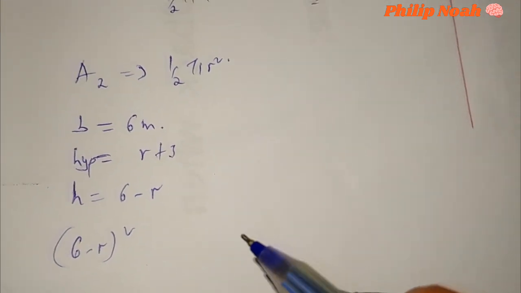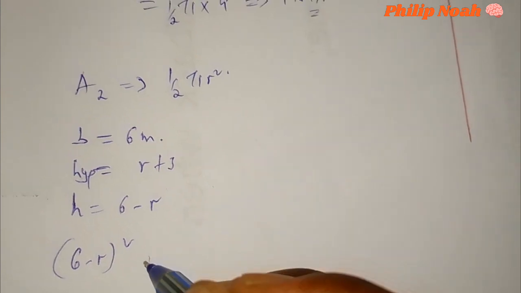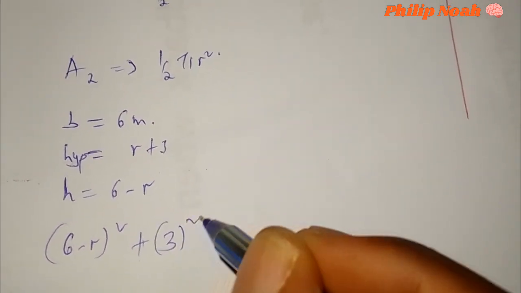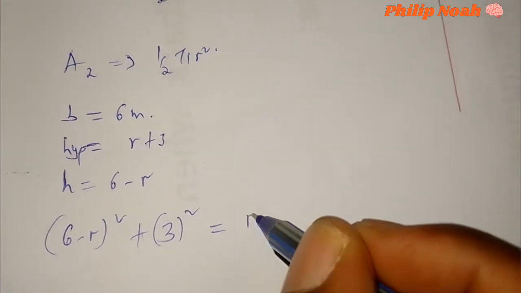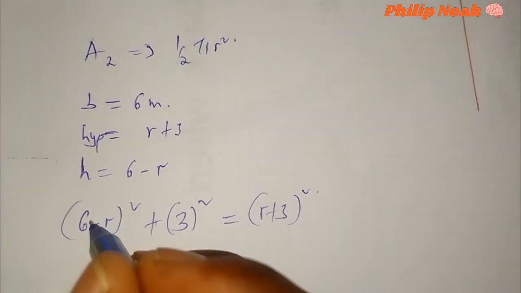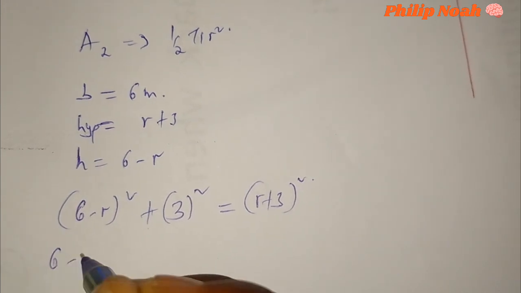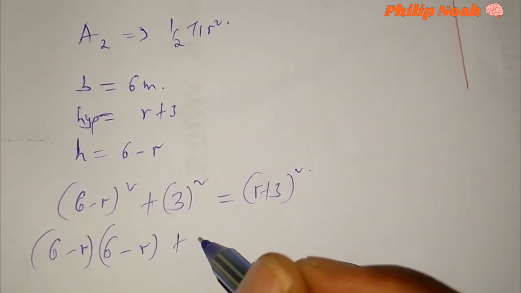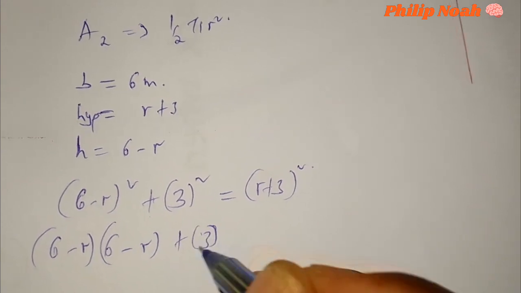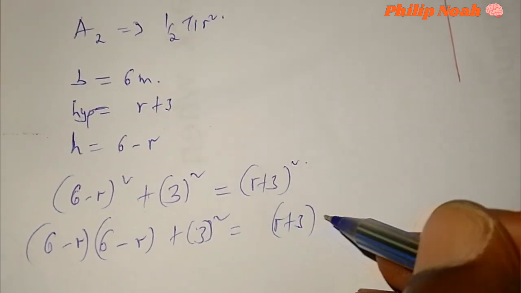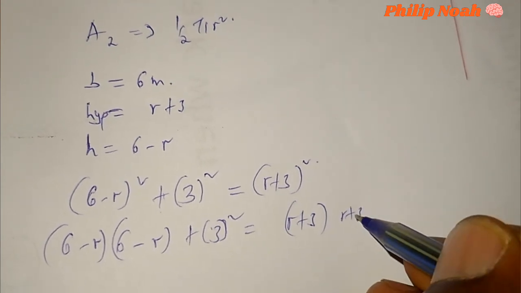Are we there? We add our base, that is 3 squared, is equal to the hypotenuse, r plus 3 squared. So (6 minus r) squared plus 3 squared is equal to (r plus 3)(r plus 3).